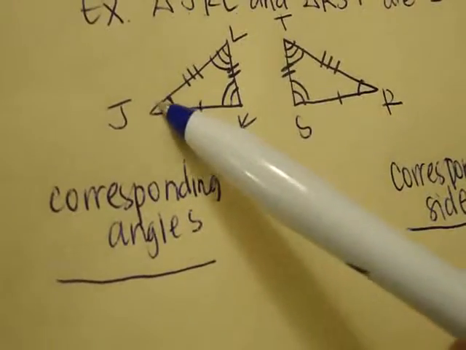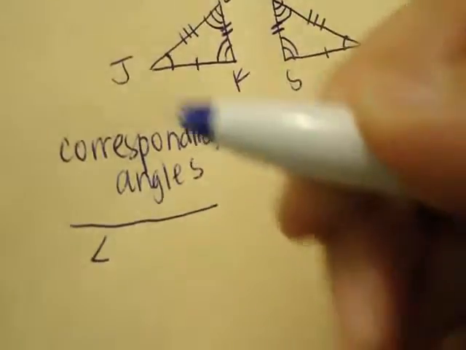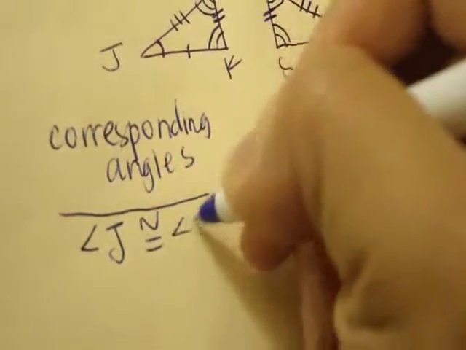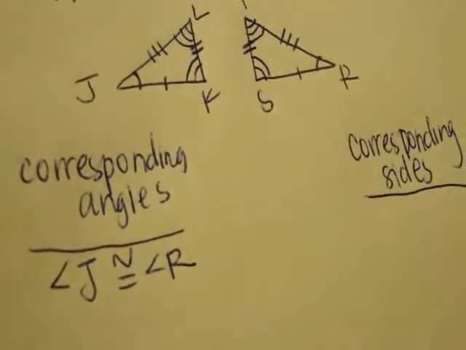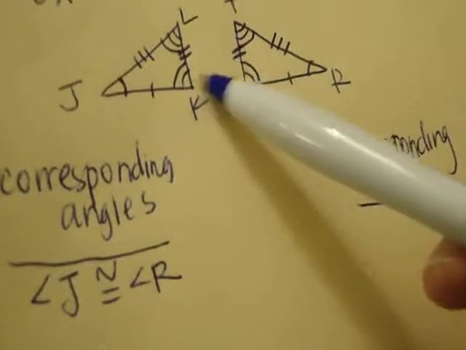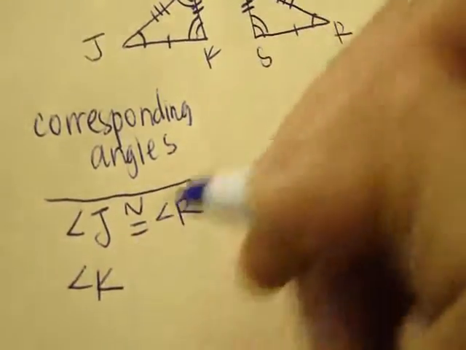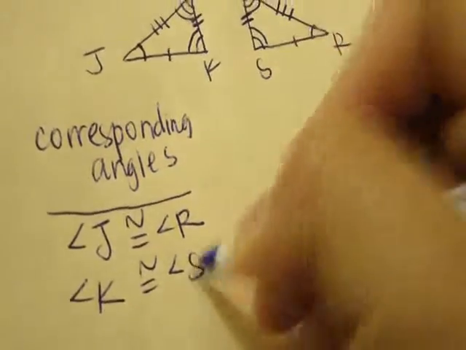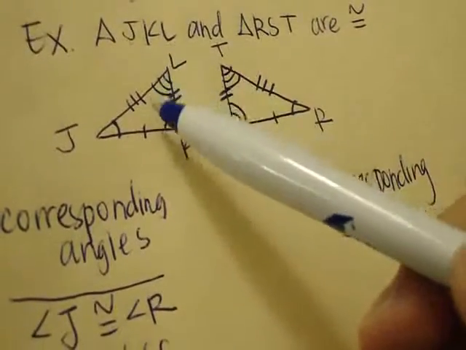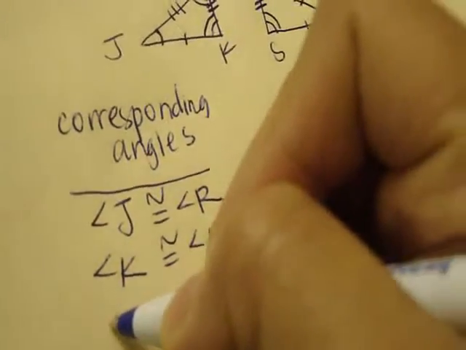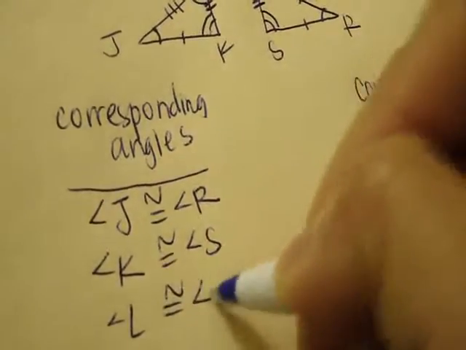Okay, so again we see that J and R are congruent, so I'm going to go ahead and write angle J is congruent to angle R. We see that angle K is congruent to angle S, so I'm going to go ahead and write angle K is congruent to angle S. And then our last two angles right here, L and T, are congruent, so I'm going to go ahead and write angle L is congruent to angle T.